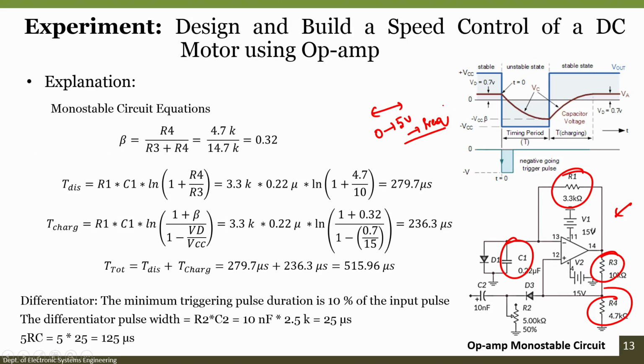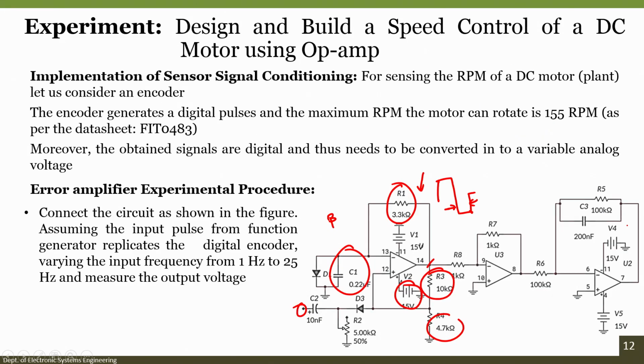For that, we chose the charging and discharging time of the capacitor to be smaller than the lowest value of the encoder signal period that we received.